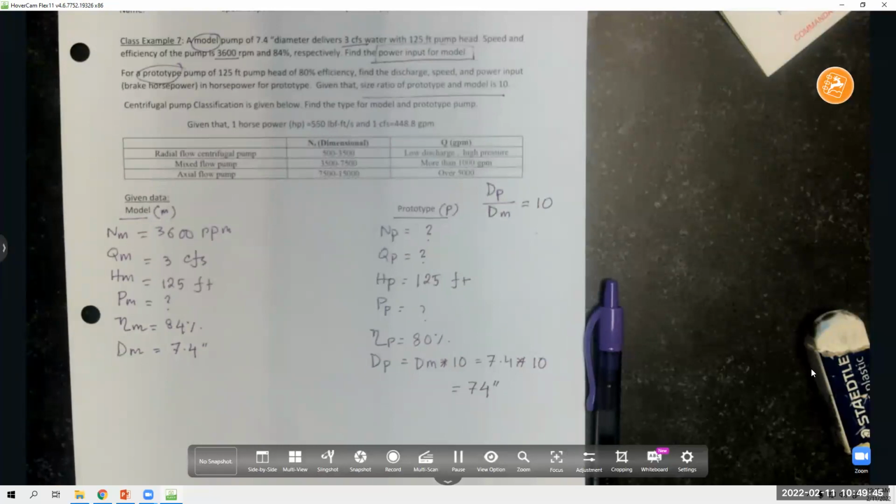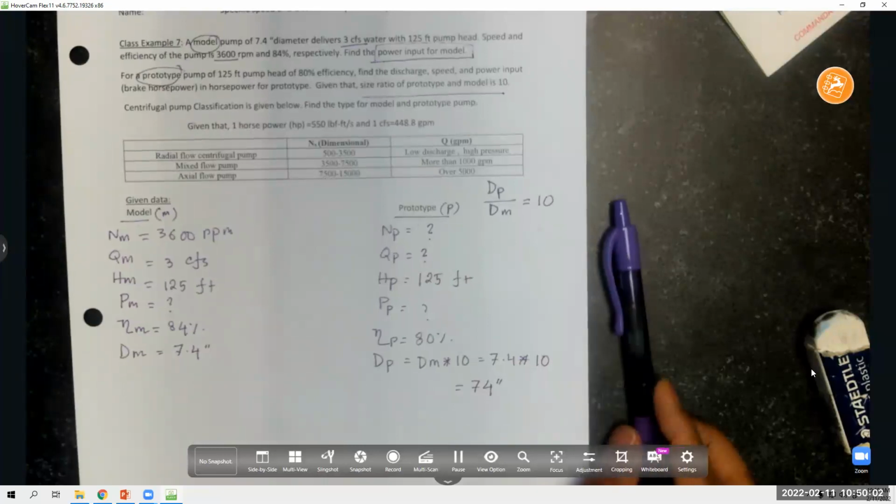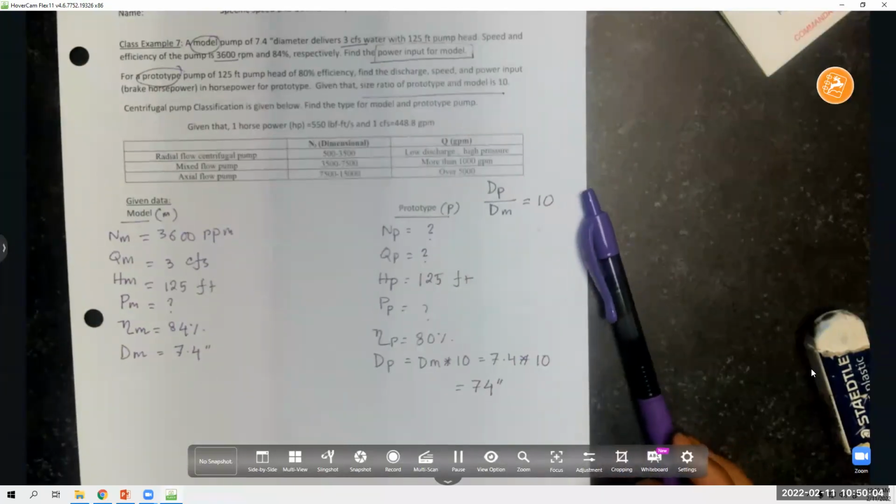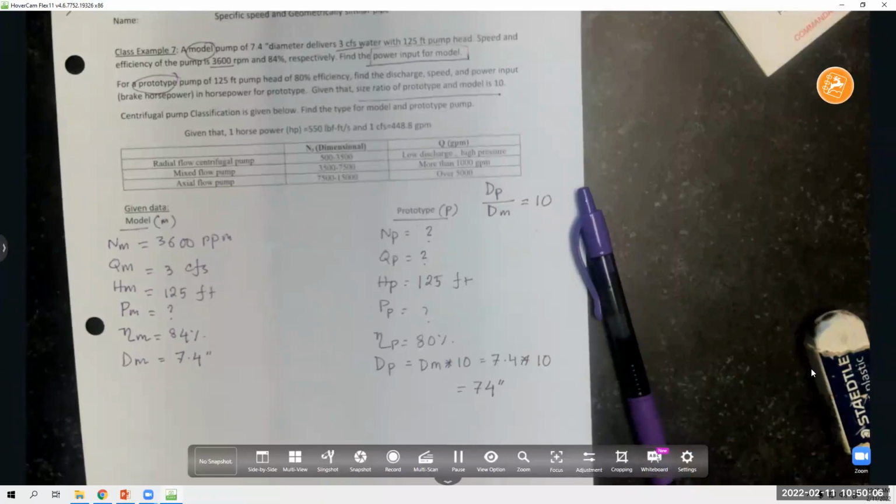How can we calculate the efficiency? Efficiency is what actually? It's the ratio between what? Energy out over energy in, or the power out over power in, right? Okay, so that's what we will use.